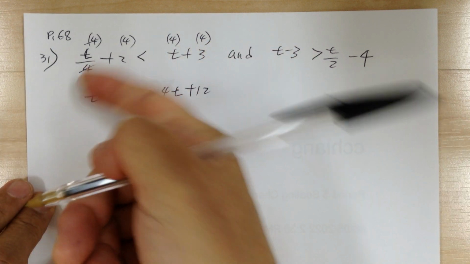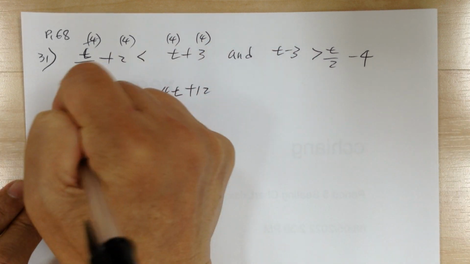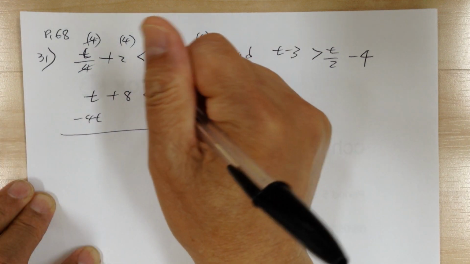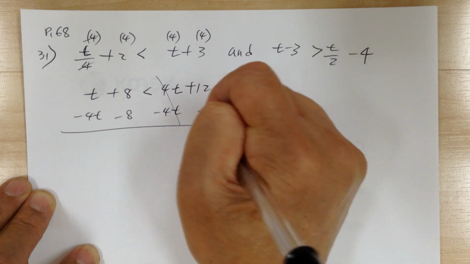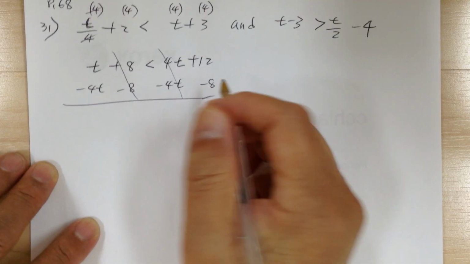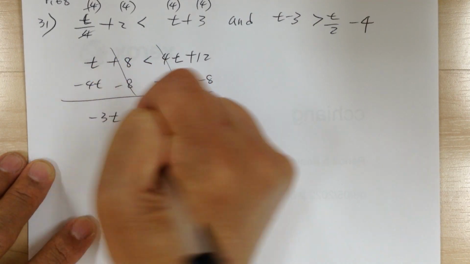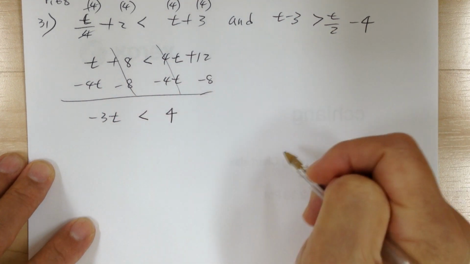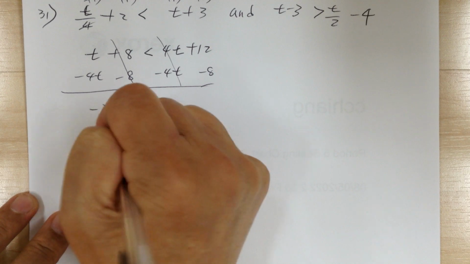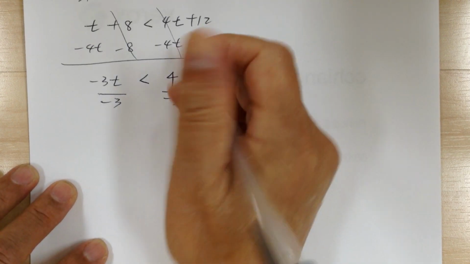I'm going to move the variable to this side, so minus 4t on both sides, so that this will cancel out. And I'm going to move the number to this side, so I'm going to subtract 8 on both sides, so that this will cancel out. So I get negative 3t is less than 4. Okay, divide by negative 3, divide by negative 3.